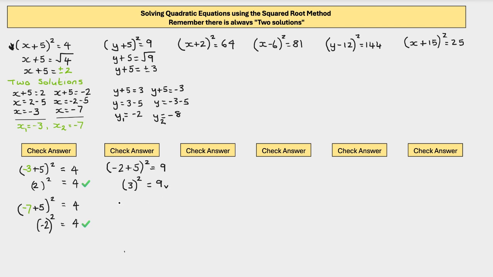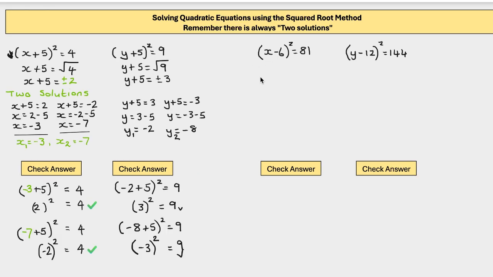So that one's right. Let's check for our solution 2, which is -8. Let's do (-8 + 5)² = 9. -8 + 5 is -3. And you know you can't have a negative squared number, so the answer is 9.